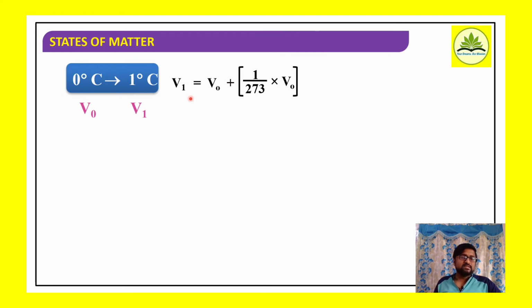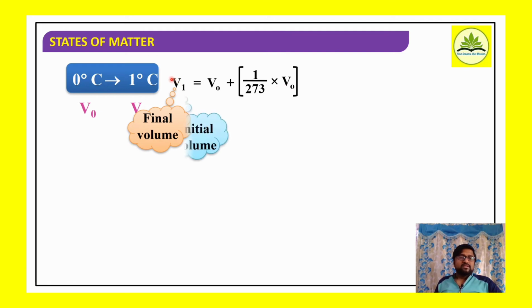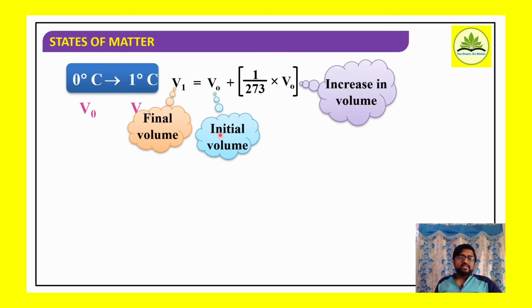So V1 will be equal to V0 plus 1 by 273 into V0, where that 1 indicates the final temperature, T degree Celsius. V1 is the final volume and V0 is the initial volume.